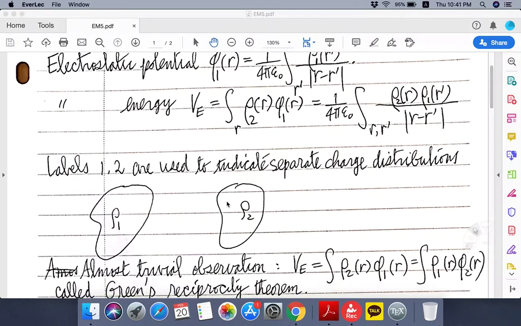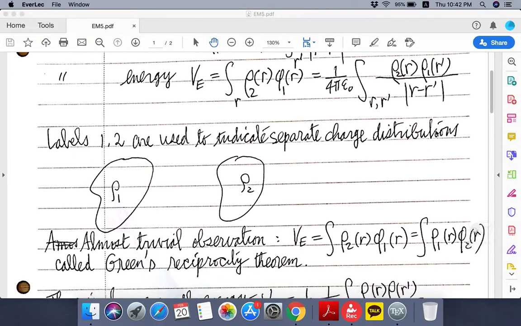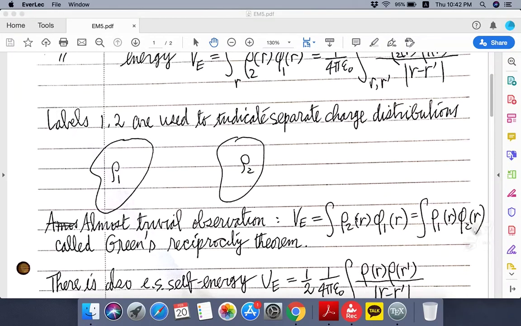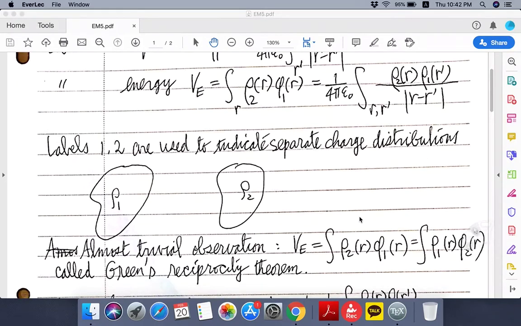Here you come up with a seemingly trivial observation, which is that you can interpret this double integral either as the electrostatic energy due to the first charge distribution felt by the second charge distribution, or vice versa. Namely, it can be interpreted as the potential energy felt by the first charge distribution due to the potential generated by the second charge distribution.